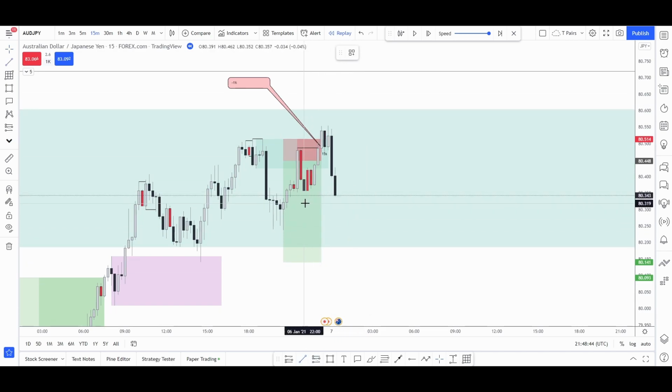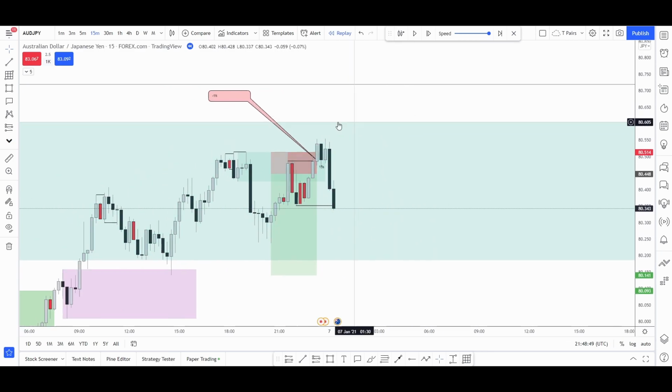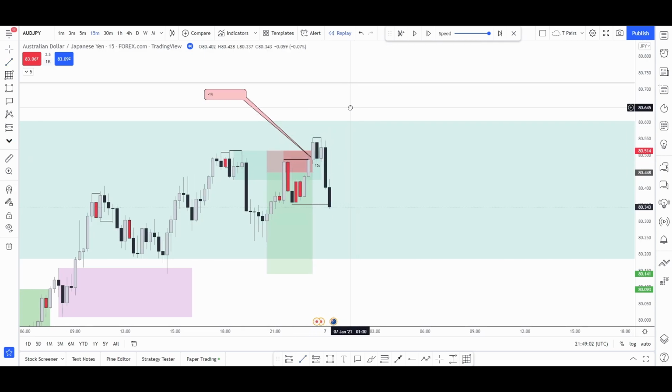We've also, just in one clean move, clearly broken this structure here, which is great. Mini structure, whatever you want to call it. The high on this is 553, and that is 554, so that is also a break, just a very, very minor break. So yeah, okay, we've got a good sort of point of entry here.